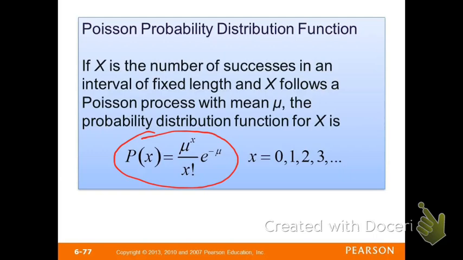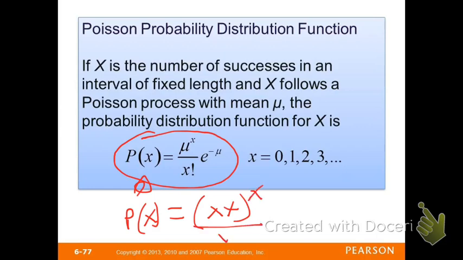If x is the number of successes in an interval of fixed length, and x follows a Poisson process with mean mu, then by substitution, the probability distribution function for x is this, where, recall, earlier we looked at it as (lambda t) to the x over x factorial, times e to the negative lambda t.